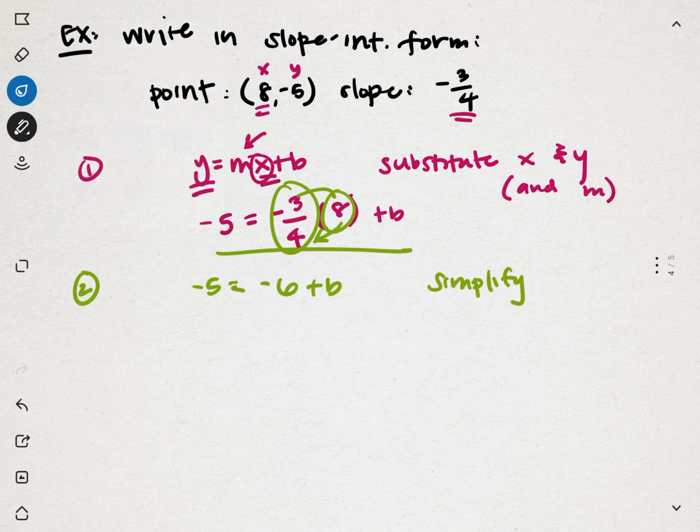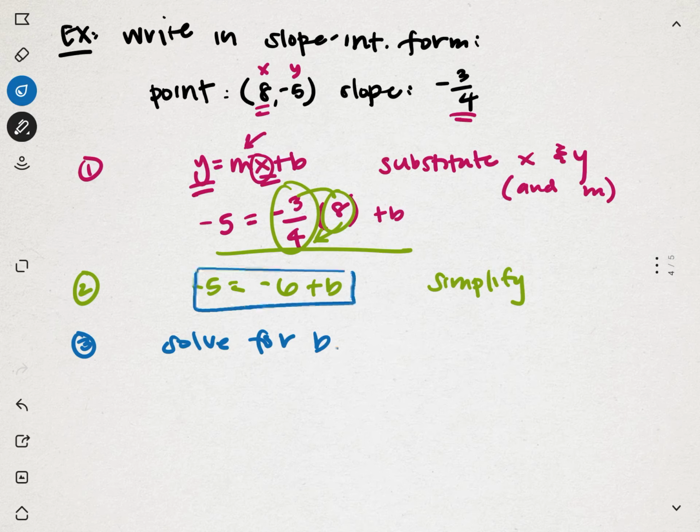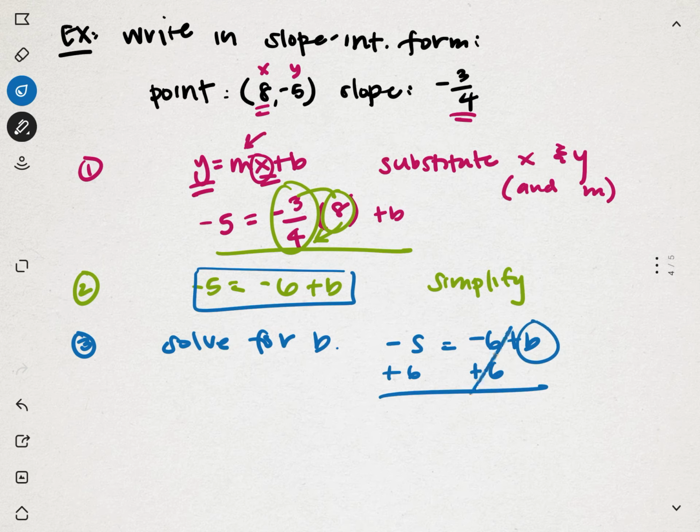Now step 3, we're going to solve for b. So in here, all we have to do is, if we have -5 equals -6 plus b, we're going to get rid of the 6 on the right side because we want b by itself. -6 plus 6 is 0. -5 plus 6 is 1.